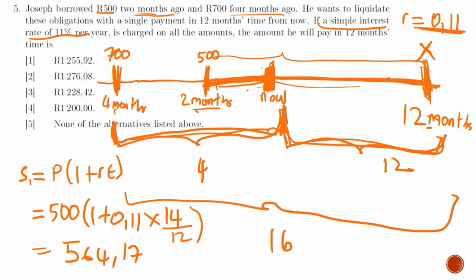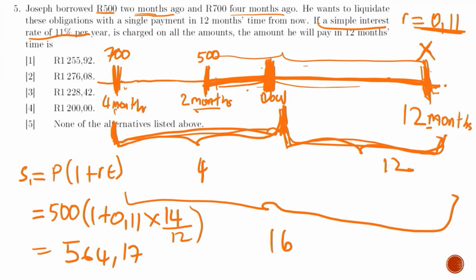So now this one, you can easily make a confusion. Here, you've got a referencing point of the now. Something is happening ago, and something is happening in the future. That means you need to add those periods. You are not going to say 12 minus 4, because this thing is starting here, going forward. It is starting here, going to now. So there are two periods that you need to add.